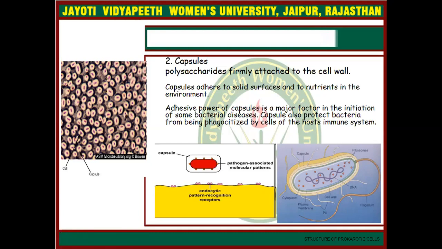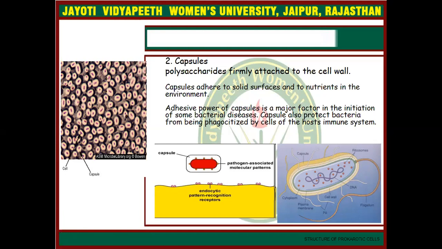One more important thing is that these capsules have an important role in the protection of the bacteria. They protect the bacteria from being killed, because some pathogenic bacteria may kill other bacteria. So capsule-containing bacteria are safe, because the capsule provides them defense from phagocytosis.